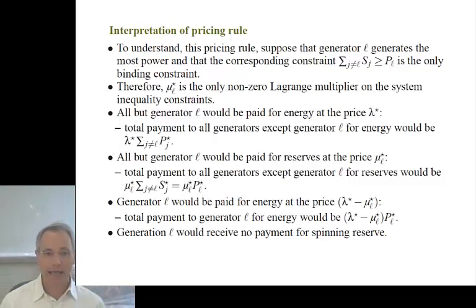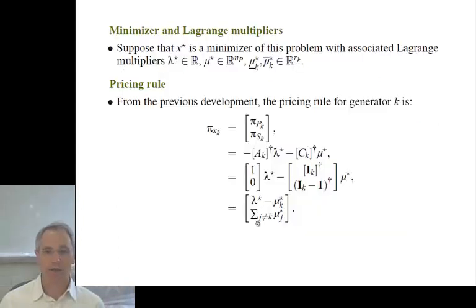All but generator L would be paid for reserves at the price mu L star. The payment for reserves is equal to the sum for generator k across j not equal to k of mu j star. For every generator but generator L, this summation will be exactly equal to mu L star.